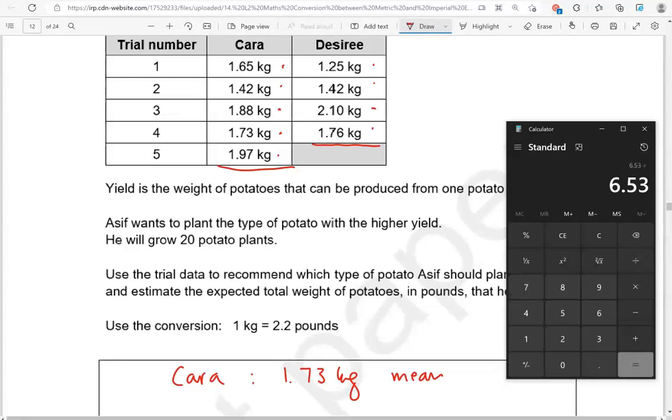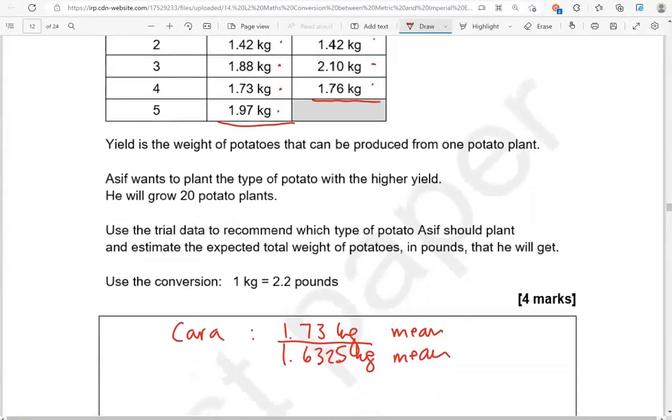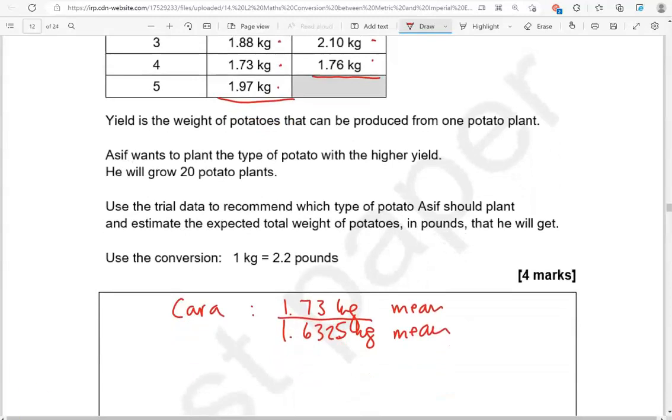Dividing that by 4 gives us 1.6325. Kara has a higher mean, so we'll stick with that, because the thief wants the plant with a high yield.